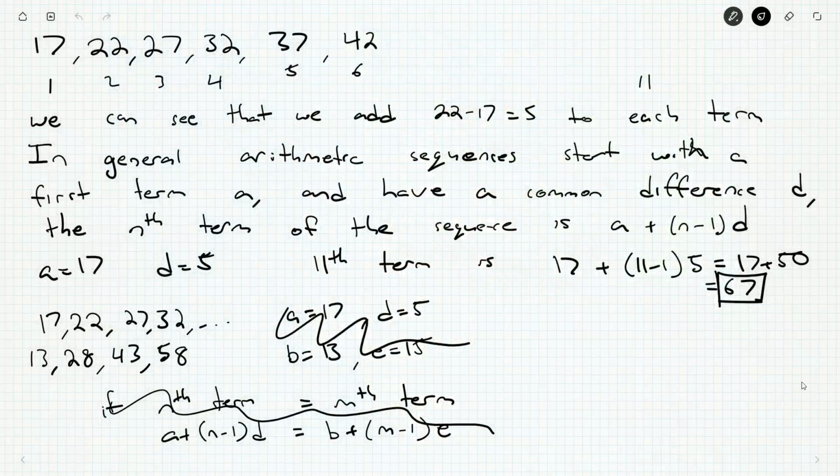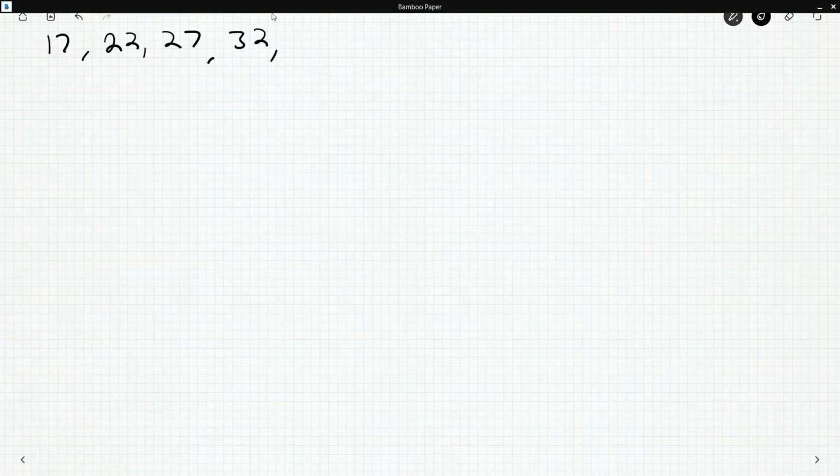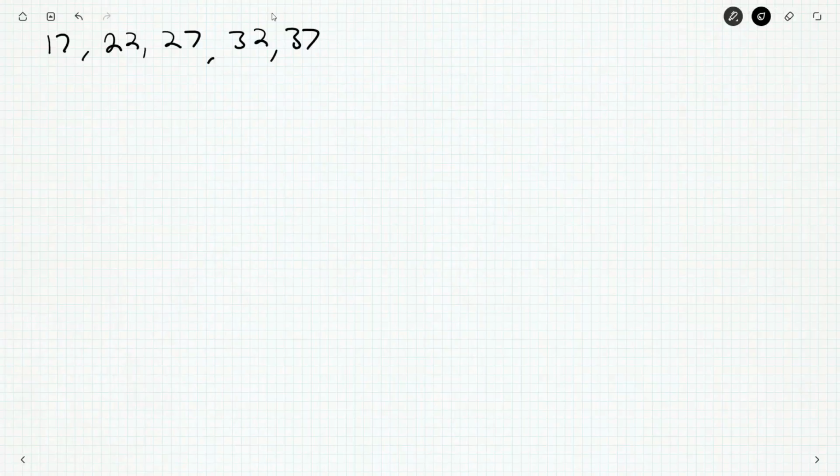There's a much simpler observation we can make with this question. So our sequence is 17, 22, 27, 32, 37. The other one is 13, 28, 43, 58.